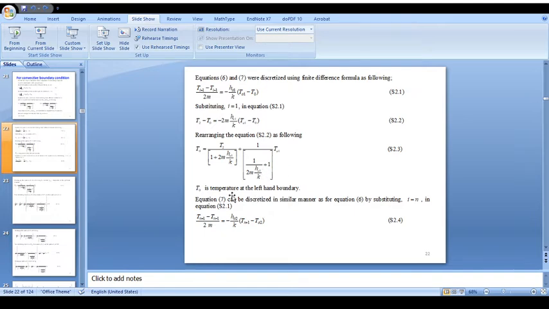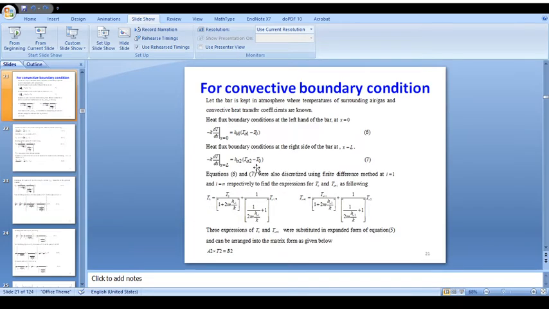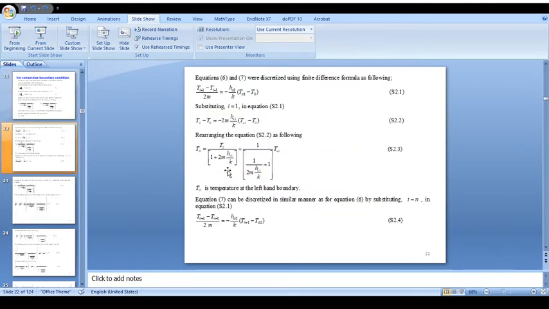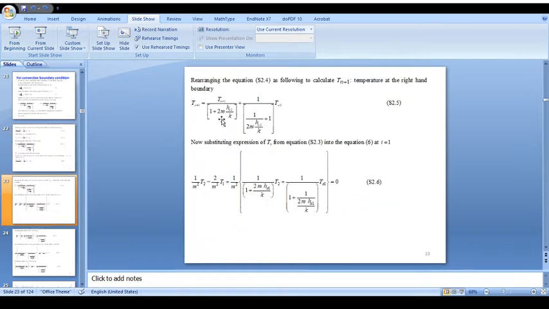This is the temperature at the left hand side boundary. Now for equation 7, this needs to be discretized again at i equal to n. If we substitute i equal to n here, we will get this equation, and we will get the expression here for Tn plus 1.